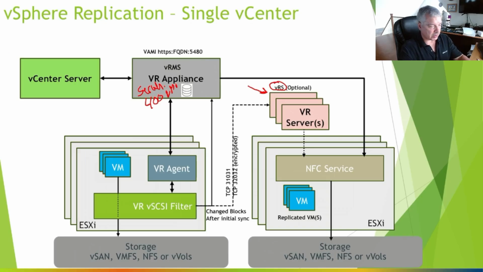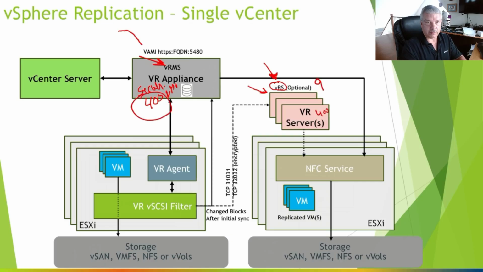So this is why you see this called vSphere replication management server. It's a management and a server. And then this one here is just the replication server. It's dumb. It's not the management. There's no database on there. So you can deploy an optional of these up to 9. So that means if each one does 400, I got 9 over here, and then I have one over here.